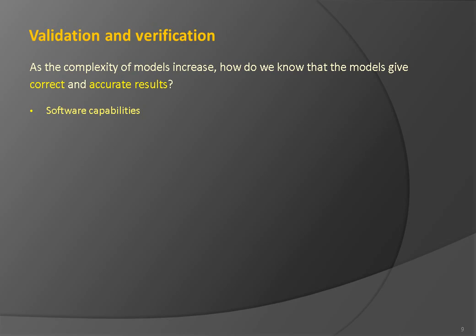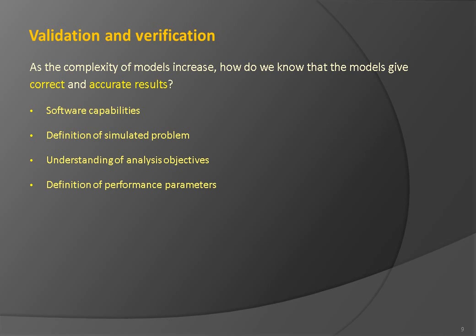For a start, we can formulate a few very generic guidelines, such as: the simulated problem needs to be well defined. Analysis objectives must be understood. Performance parameters need to be determined, and quality acceptance criteria such as modeling uncertainty, numerical errors, results variability, and sensitivity have to be agreed.